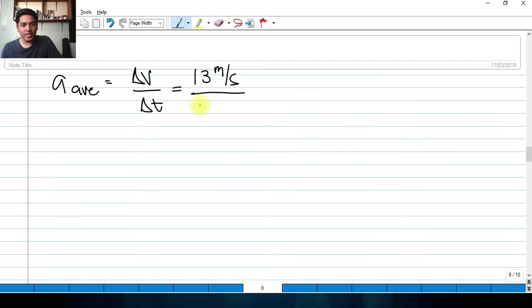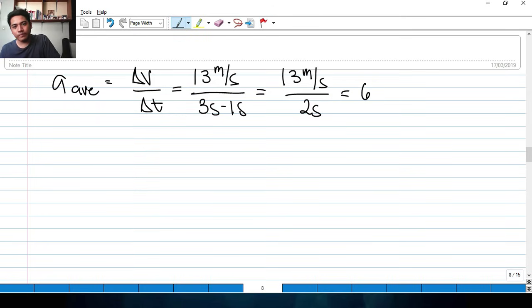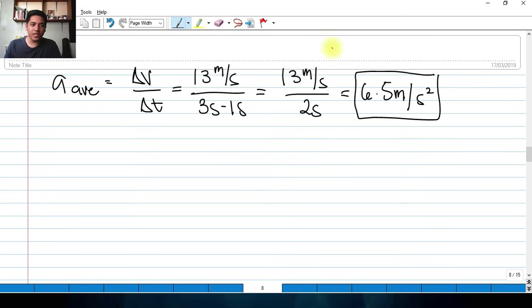So, basically, 3 seconds minus 1 second. In other words, 13 meters per second divided by 2 seconds. So, 13 divided by 2 is 6.5 meters per second squared, because that is an acceleration. That is the average acceleration of the car in the time interval from 1 second to 3 seconds.